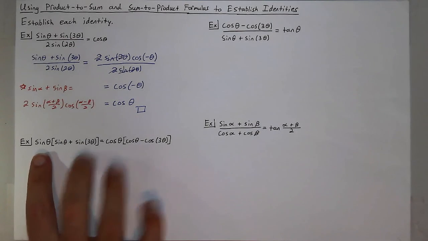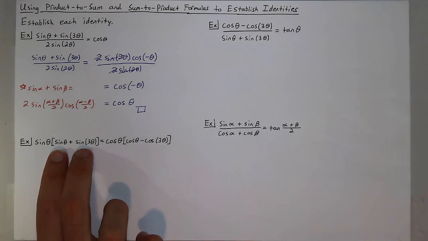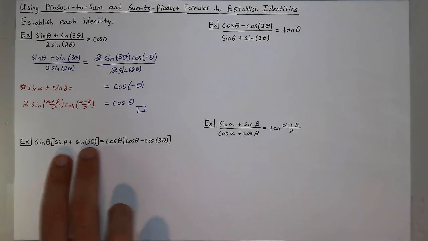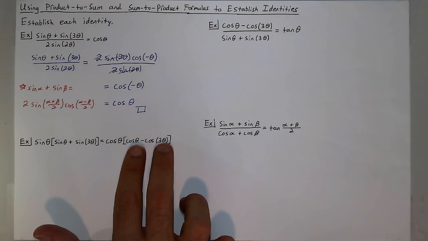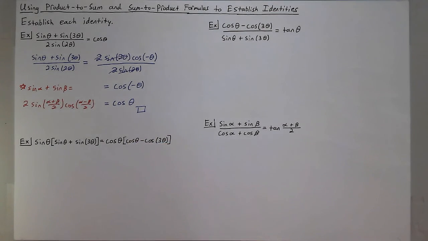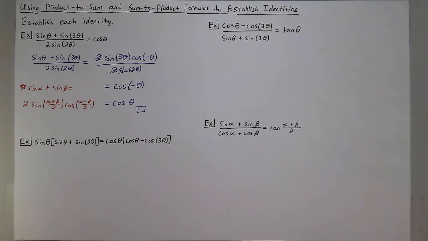Now let's look at this next example where we have sine of theta times the sum sine of theta plus 3 theta is equal to cosine times the difference of cosine of theta minus 3 theta. So we can start on either side, but I'll start with the left side.